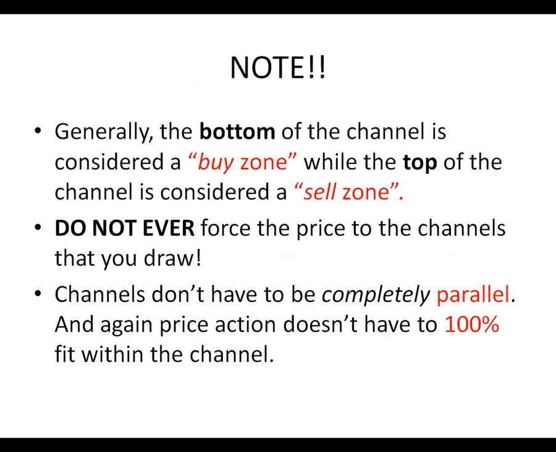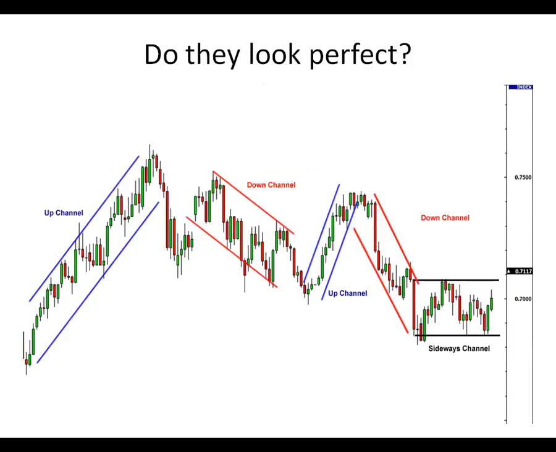So point 1 here says, consider the bottom as a buy zone and consider the top as a sell zone. So if you look at this, you are considering the bottom lines here as a buy zone. It is a zone that you can buy, not necessarily a buy spot or an exact place to buy.